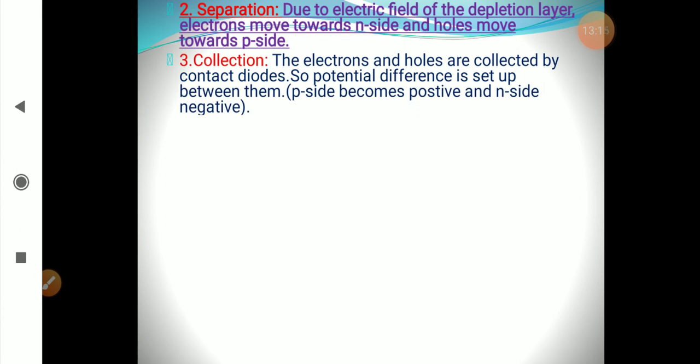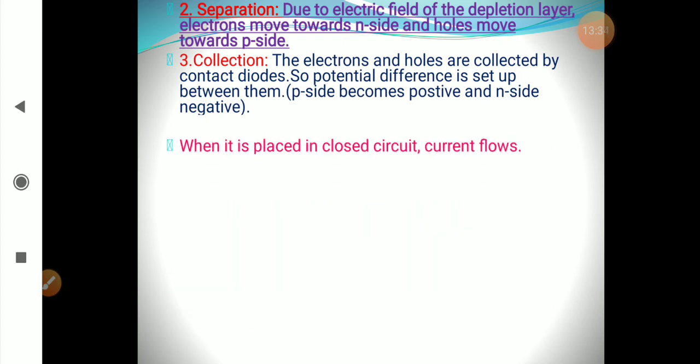Third step, collection. The electrons and holes are collected by contact electrodes, which are metallic. So, a potential difference is set up between them, with the P side becoming positive due to holes and the N side becoming negative due to electrons.